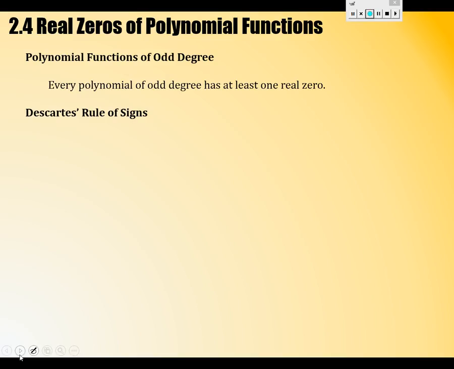Descartes, I think, is the proper French way to say it. Can anyone remember a famous quote of his? Anyone? I don't think I have any Descartes quotes up here.